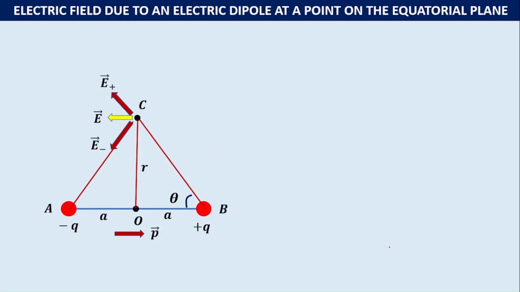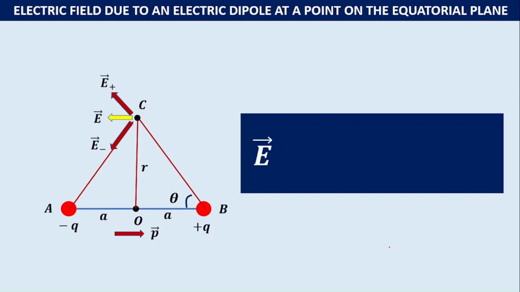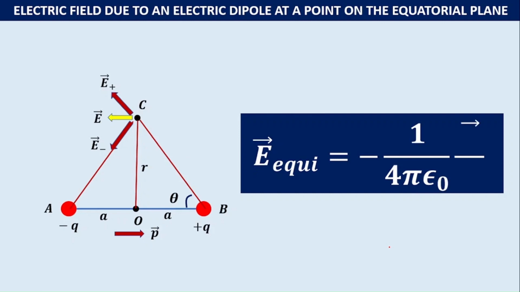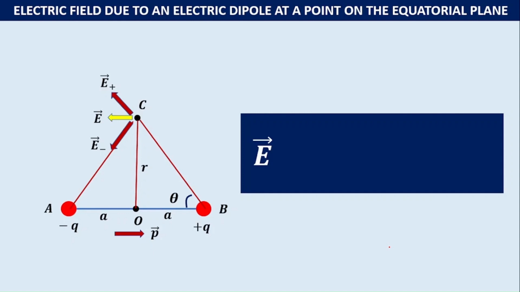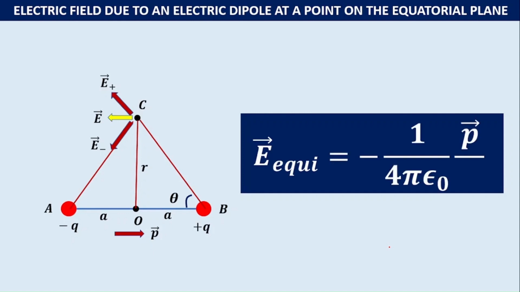So this is the diagram and the final formula: E equatorial vector equals minus 1 by 4 pi epsilon naught p vector by r cube. Let me read again: E equatorial vector equals minus 1 by 4 pi epsilon naught p vector divided by r cube. That tells you E equatorial and p vector are opposite in direction.